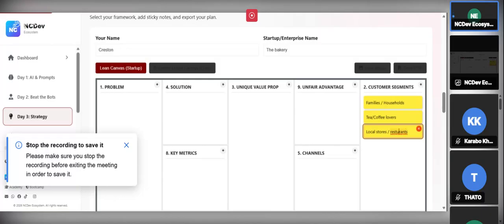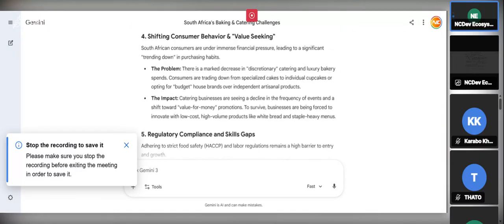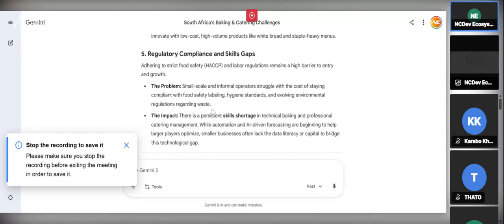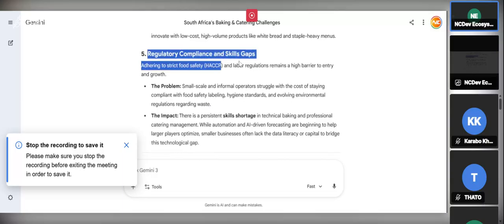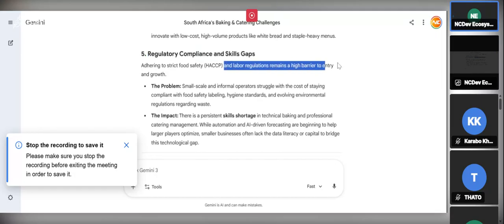Because I remember one of the problems we identified was the regulatory compliance and skills gap that other bakeries and other catering companies or restaurants might have.